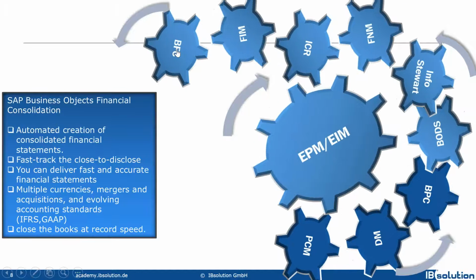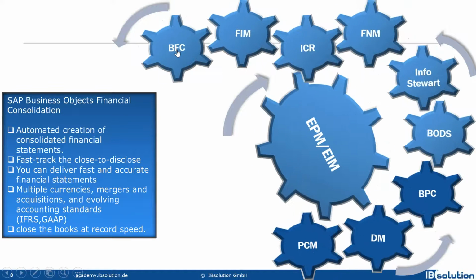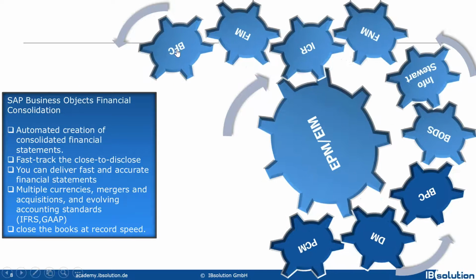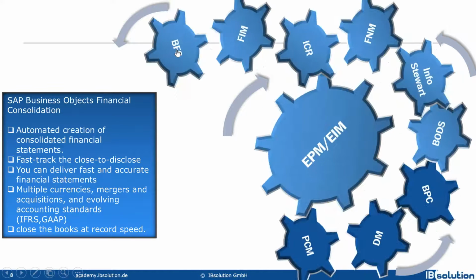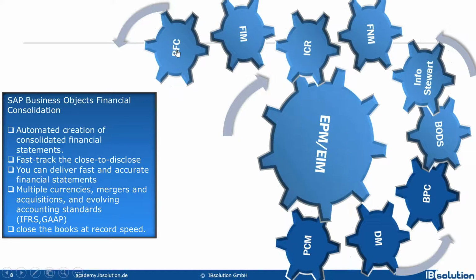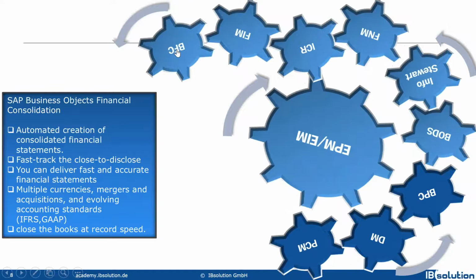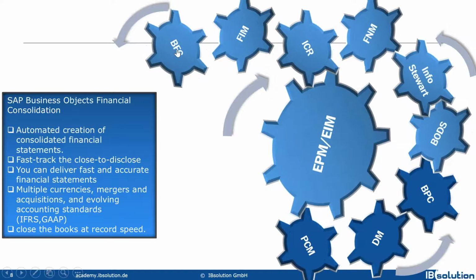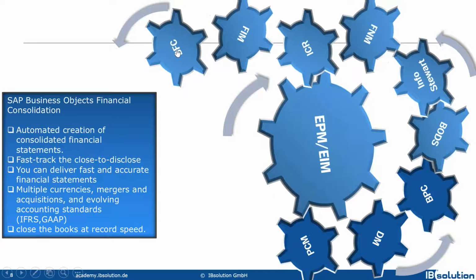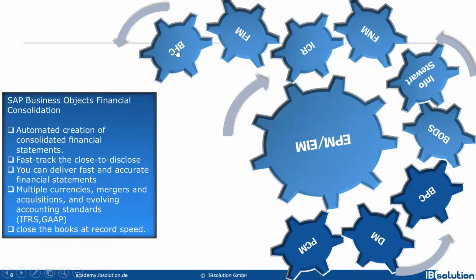It automates the consolidation, which means time efficiency. It can operate with multiple currencies. It takes into consideration mergers and acquisitions, and also is compliant with worldwide known standards like IFRS, GAAP, etc.